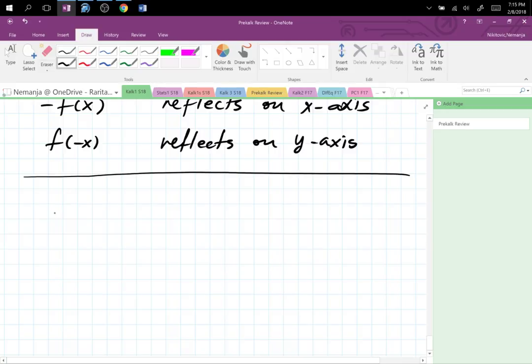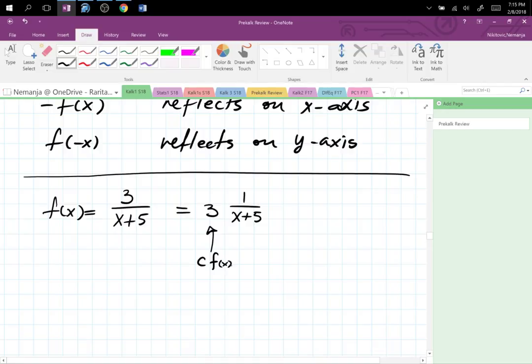Say you have f of x given as 3 over x plus 5. Great. I can immediately rewrite this as 3 times 1 over x plus 5, where I see that I have c f, which is a stretch 3 times, and I have 5 left, which is f of x plus c.